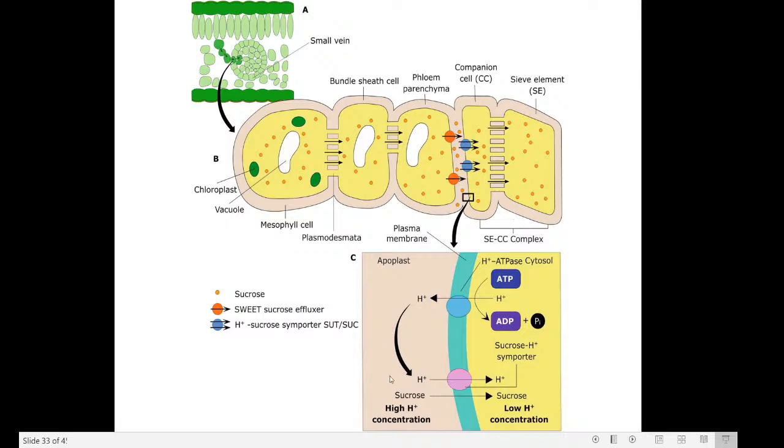This ATP conversion makes a release of H plus ions. That sugar molecule intake is helpful for the H plus ion intake, and the ATP to ADP conversion makes H plus ions release from the low concentration to the high concentration.